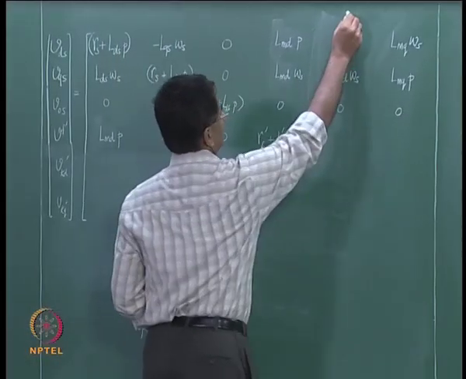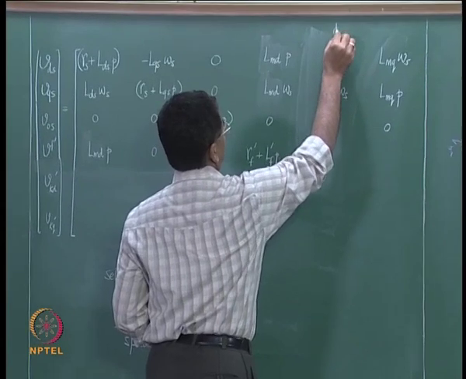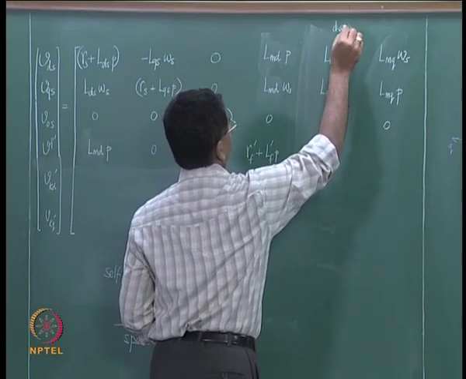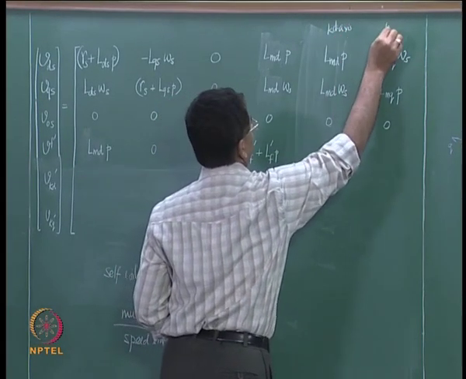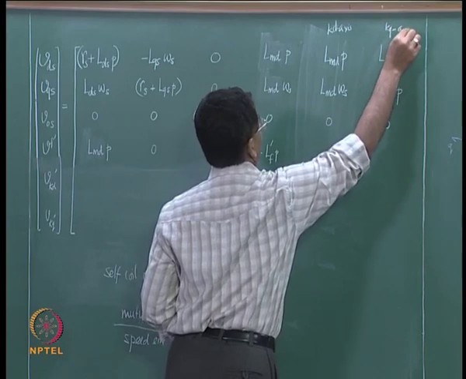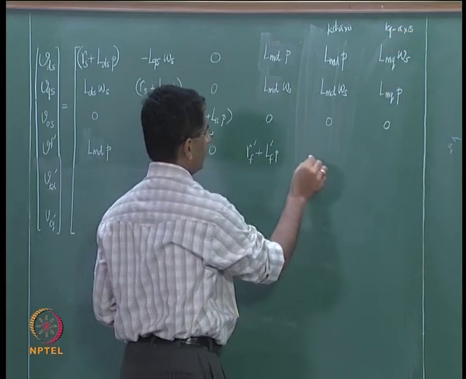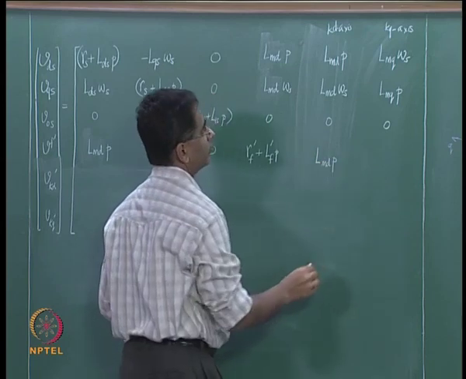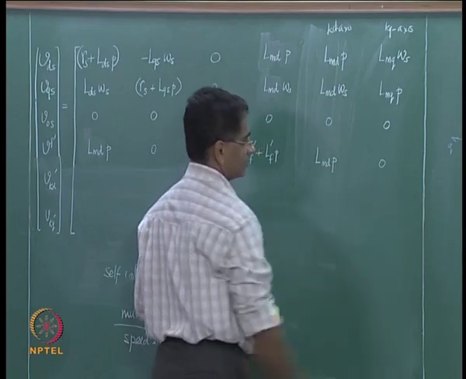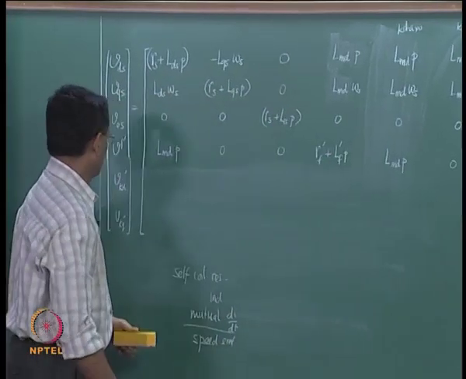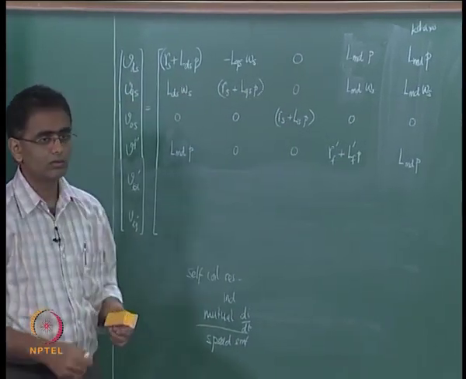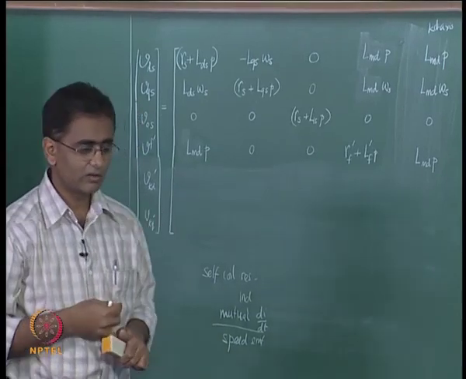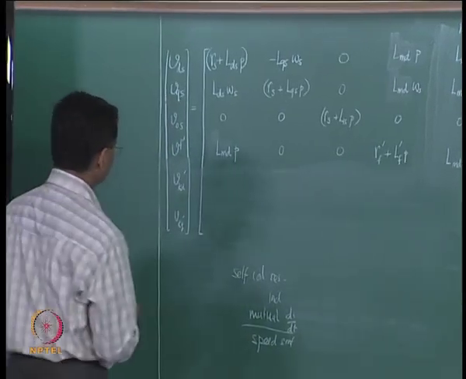So this is your D axis column for the KD axis, and this is your KQ axis column, and therefore the field with the KD axis will then have an LMD into P, with the Q axis it would be 0, and then we come to the D axis equation, that is the KD equation.